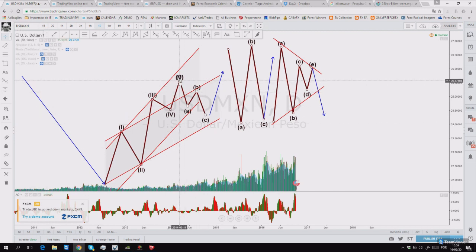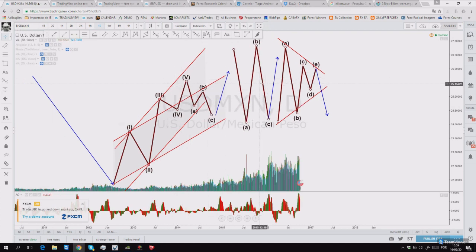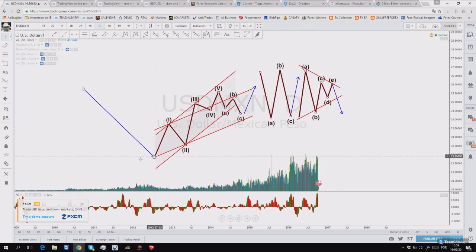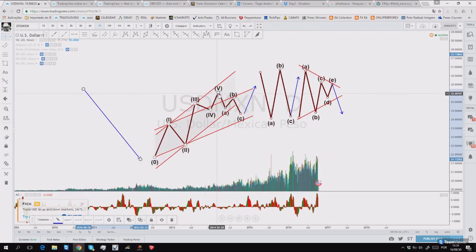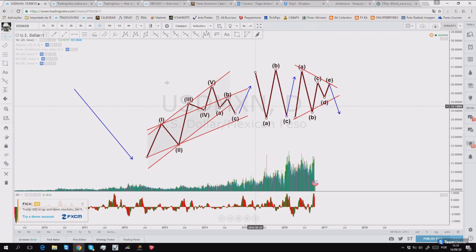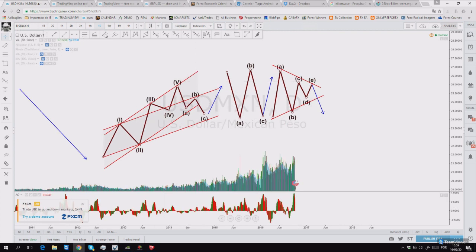Then sometimes this wave 5 will hit that target. And here it's not hidden because it's very compressed, but if I pull these lines, oh, well, sometimes this will do this. And then you have the correction where you could do another channel.